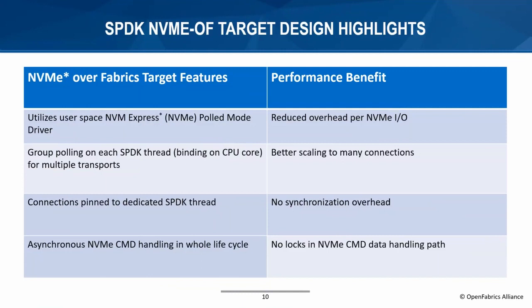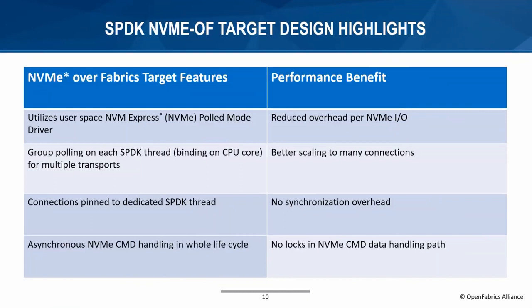Fourth, all the NVMe commands on the target side are handled in an asynchronous way, and there are no locks on the data path. So the performance is really good. Compared with the kernel solution, if we use the RDMA transport, the per CPU core performance for IOPS of the SPDK solution is still 6 to 10x better than the kernel target.